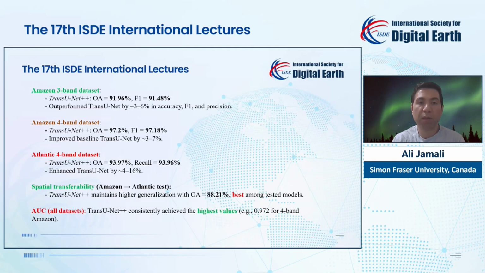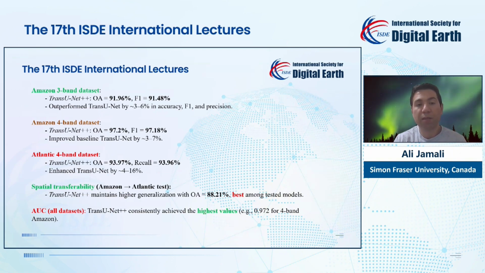So the developed model reached 92% accuracy. It improved the base model TransUNet by 3 to 6% in accuracy, F1, and precision. For 4-band Amazon, it reached 97%, improving the base TransUNet model by 3 to 7%.